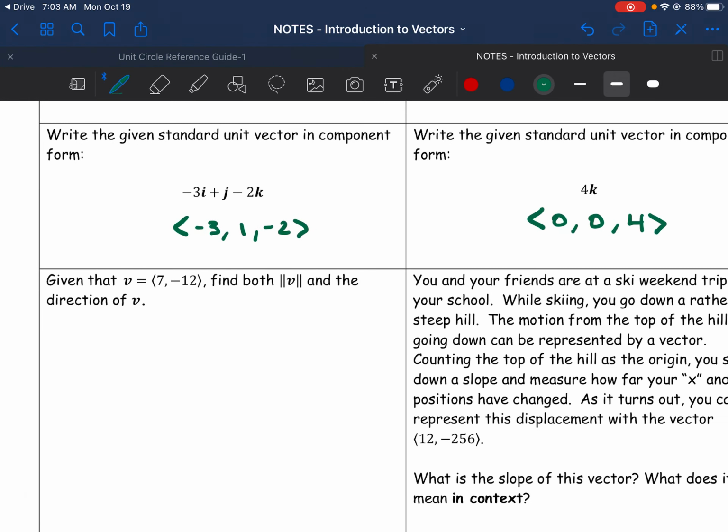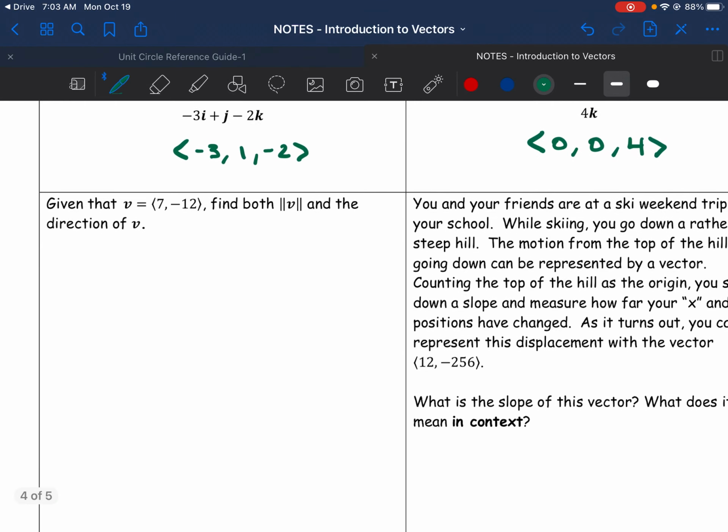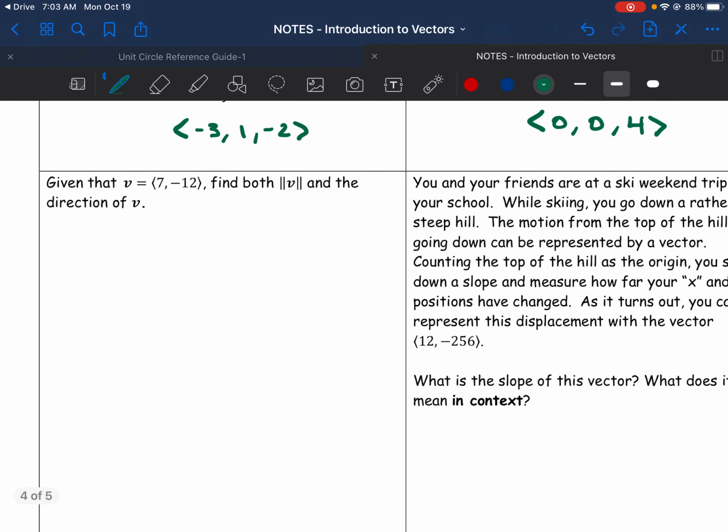In our next problem, given that the vector v is 7, negative 12, find the magnitude of v and the direction of v. Again, remember magnitude is the length. So we have our x component and our y component, and if we want to find the magnitude of this vector or the length of this vector, well, we already know the x and y components here. To find the magnitude of v, let's use a different color here, we'll go with red.